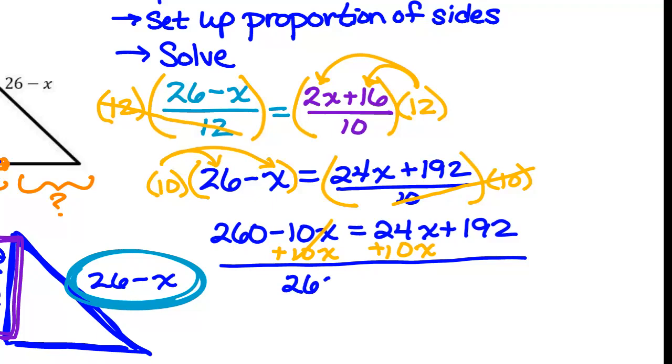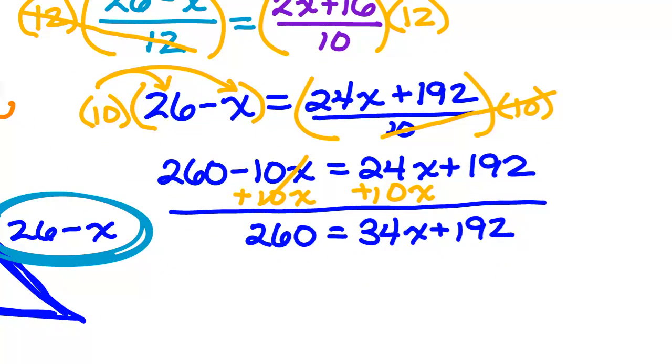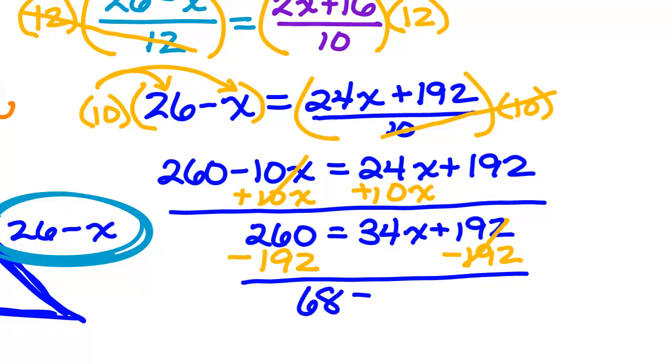So 260 equals 34x plus 192. Then minus 192 from both sides, which is 68. So I have 68 equals 34x. Then we divide both sides by 34, and we get that x is 2.